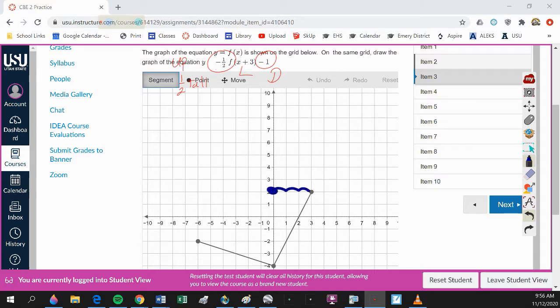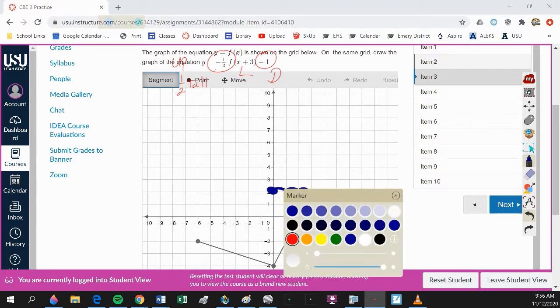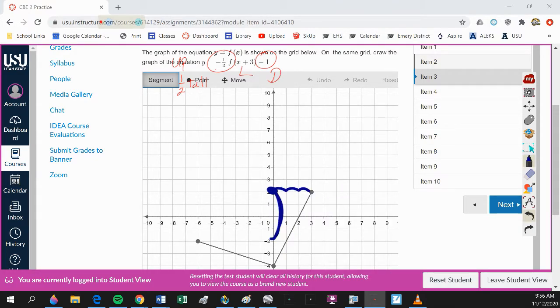right there. We need to flip it upside down. Goes to there. And then make it half as tall, which means I cut my distance to the x-axis in half, to there. And then I go down 1. So I end up right here. Okay.